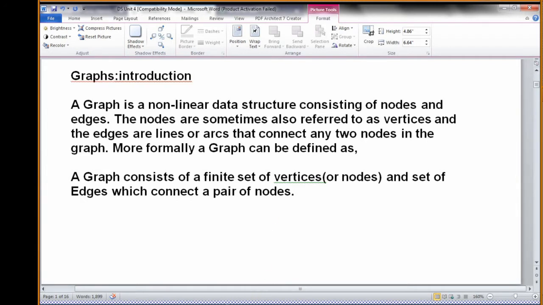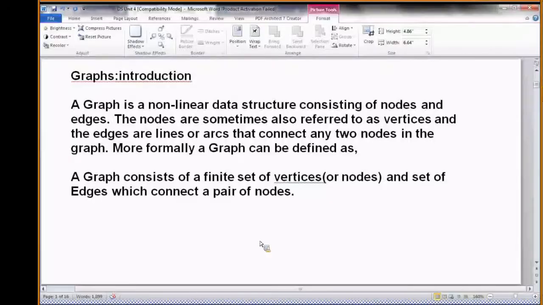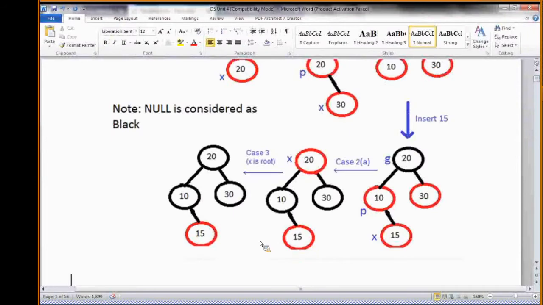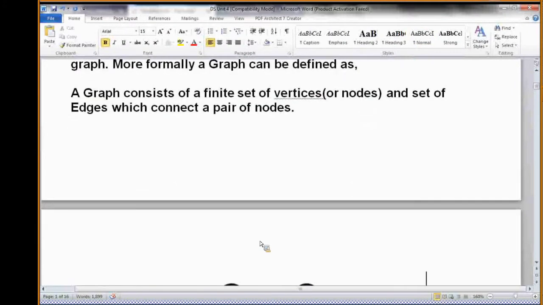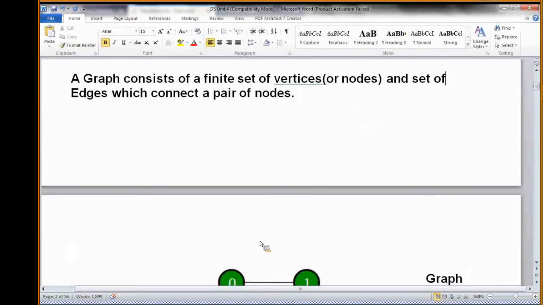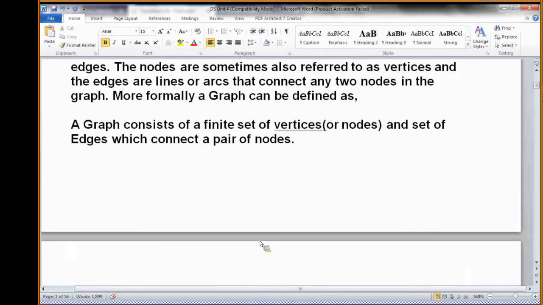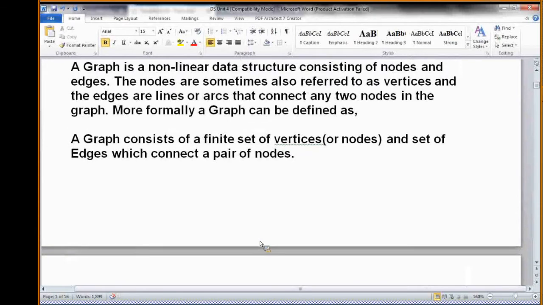Because it is not completely a computer science subject, it's a mathematical subject, that's why we call them arcs or lines. But from the data structure point of view, we call them nodes and edges, and they have other names: vertices, arcs and lines also. Generally, they connect any two nodes in the graph.